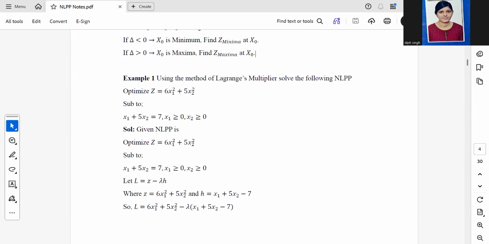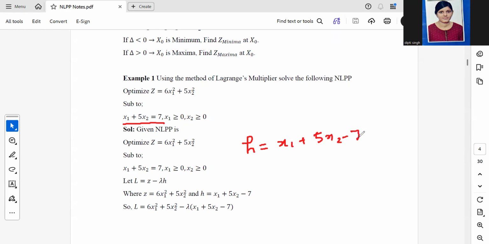You can see this is the first case we considered previously: it has a nonlinear objective function and only one constraint. So first we write this NLPP in this form. We can write this constraint in the form of h, which is x1 plus 5 x2 minus 7.